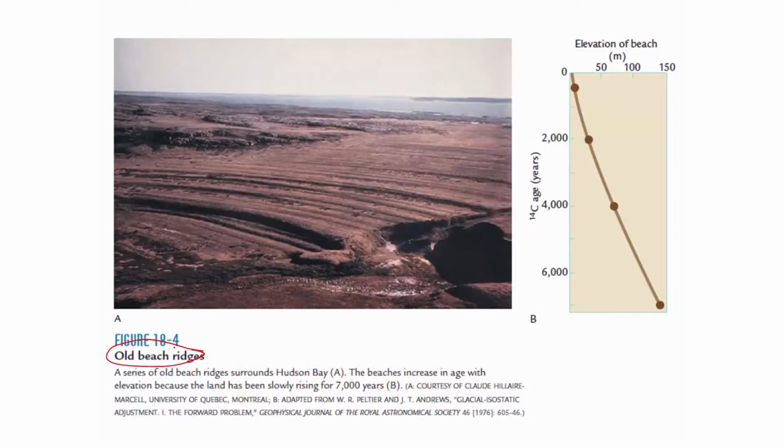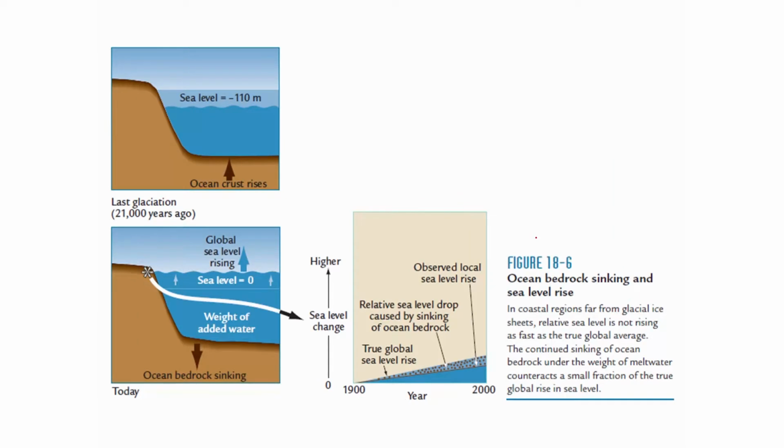There are lots of old beach ridges that are now being exposed, and the elevation of the beach over time. Going back the last 10,000 years or so to the present, you can see that the beach elevation has continued. That is the C14 dating here, you can imagine.